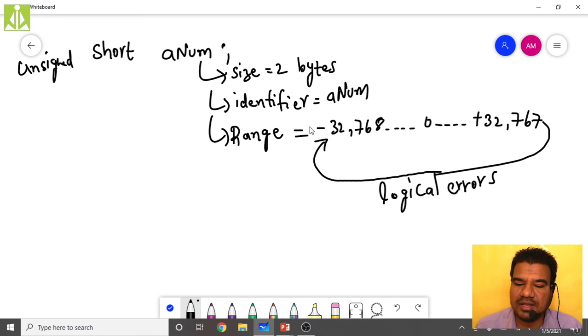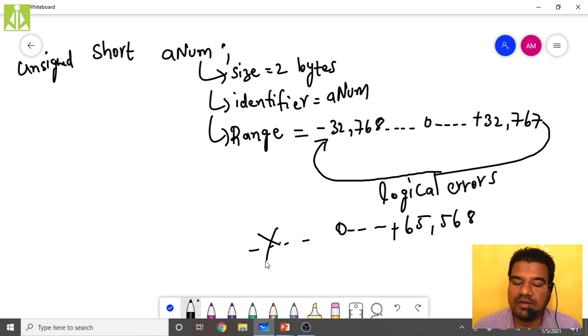Then the range will be 0 to about 65,535, and it is positive only. There will be no negative side. So if it is unsigned short enum, then the range goes like this.